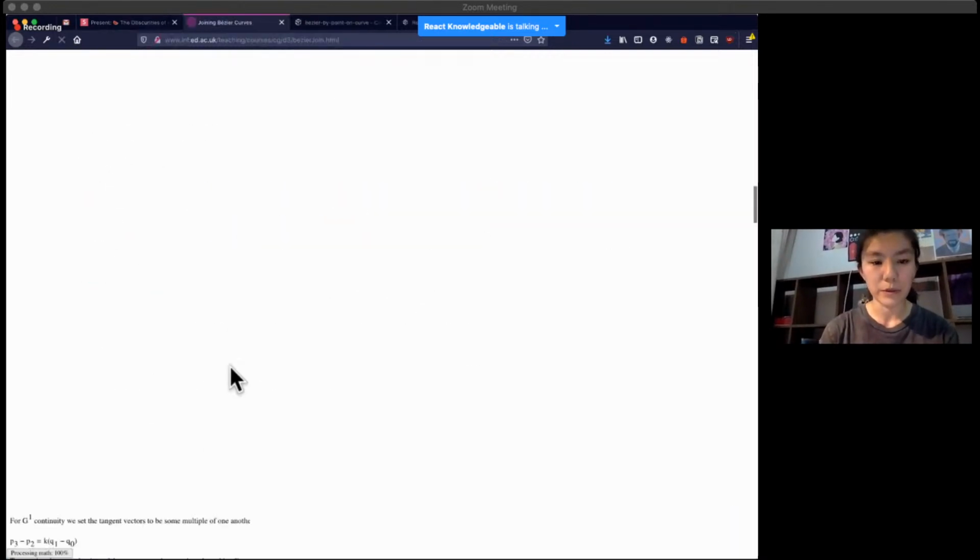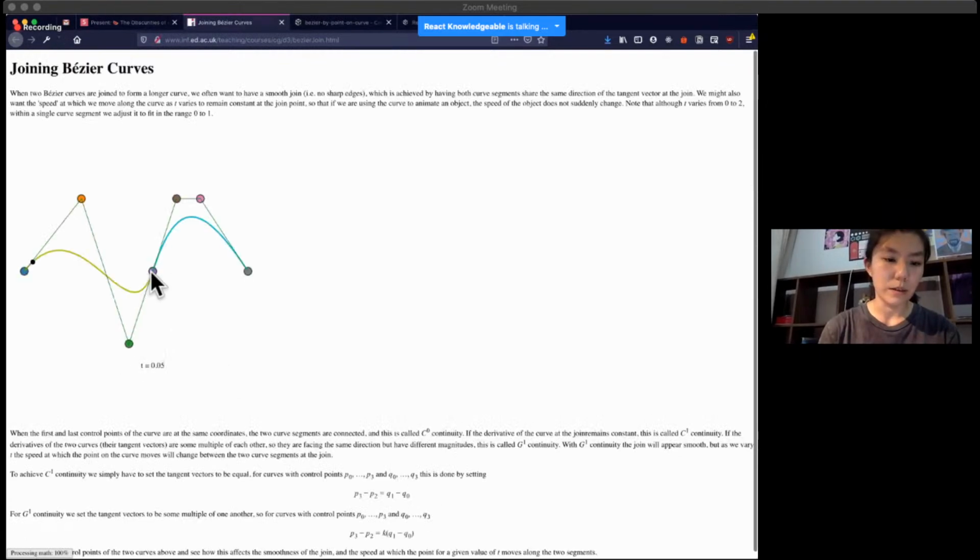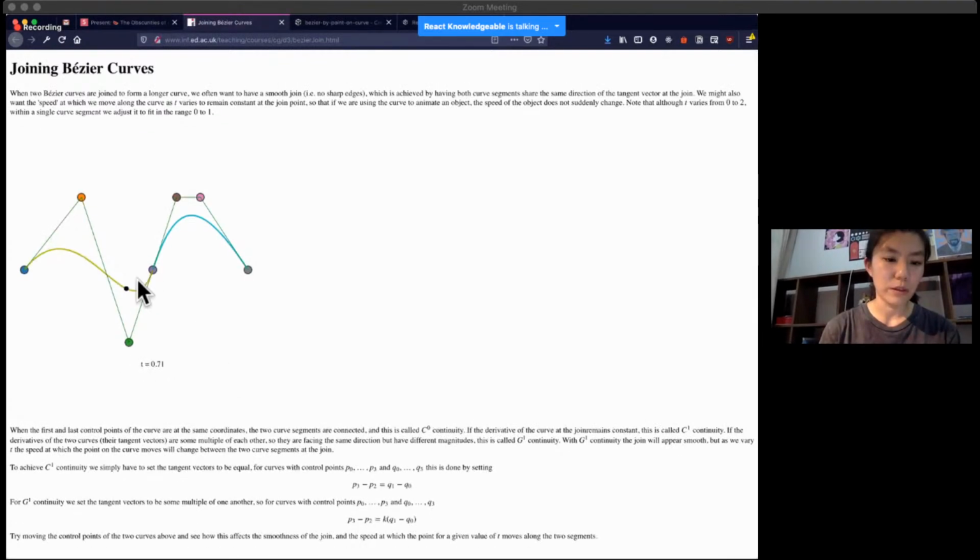This point will be the joint, and note how the point moves through this point as if there is no change at all. But if you move this, you can see two things change. One is the point turns, right?